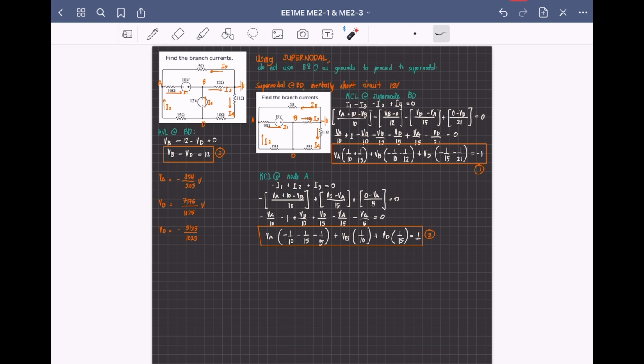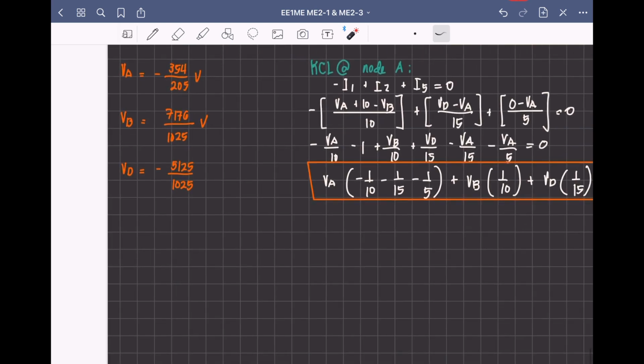Next. So, after natin na makuha yung VA, VB, VD, pwede na natin kuhanin lahat ng currents na meron tayo. Okay, so let me do that for you. Let's start with I1. Okay, so for I1, that is VA plus 10 minus VB all over 10. I'm just looking at the equations at the top, dito sa medyo right side.